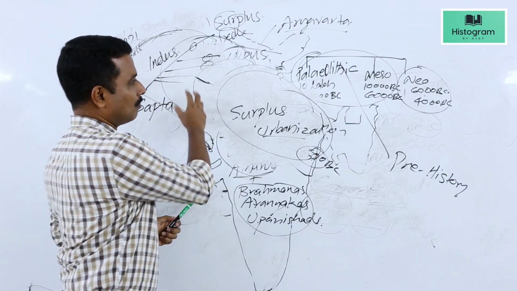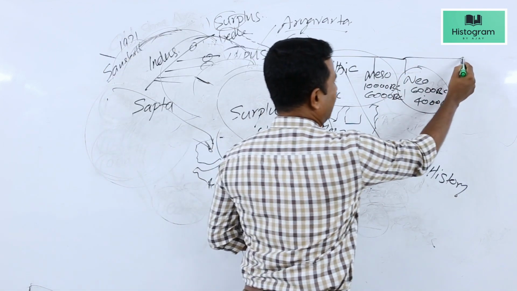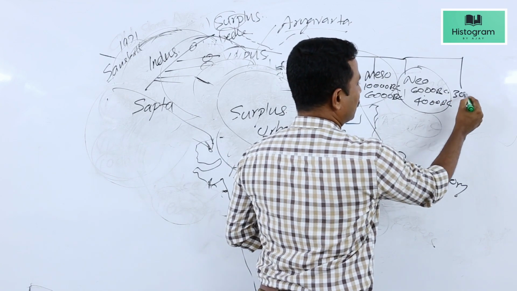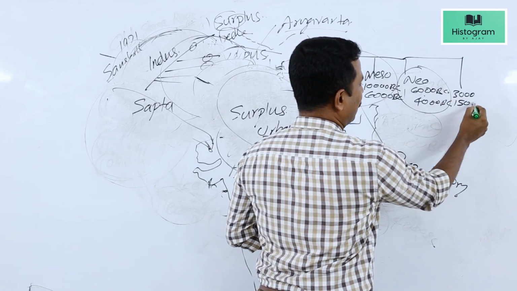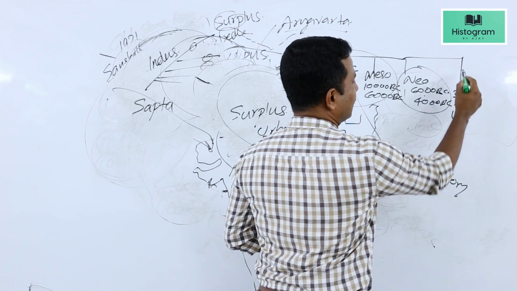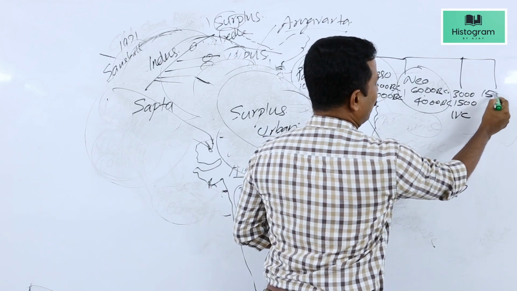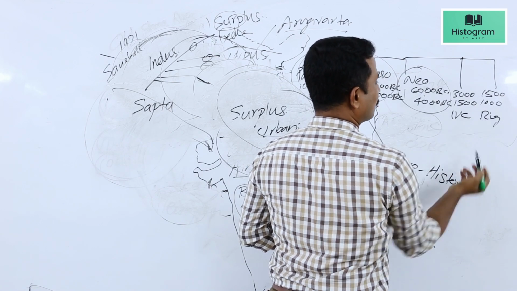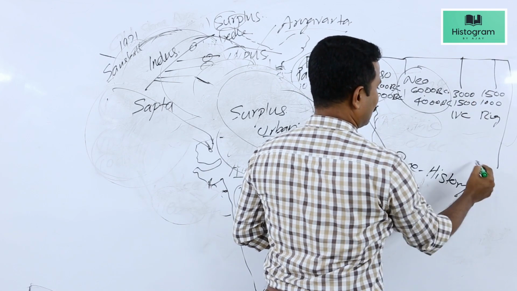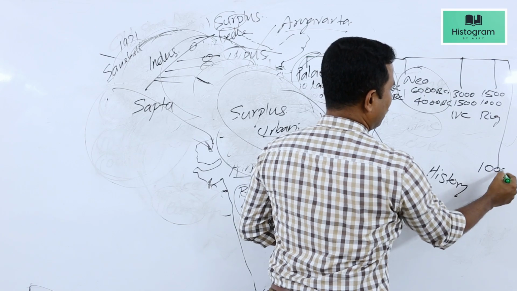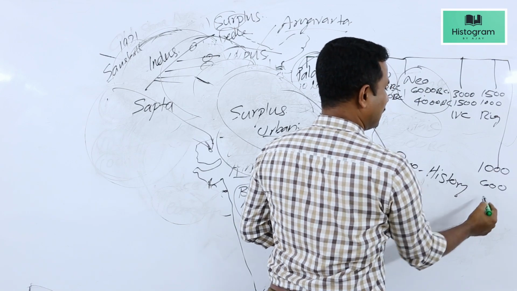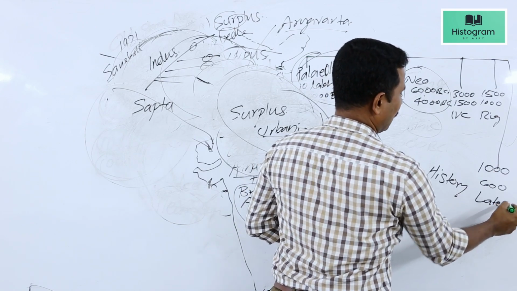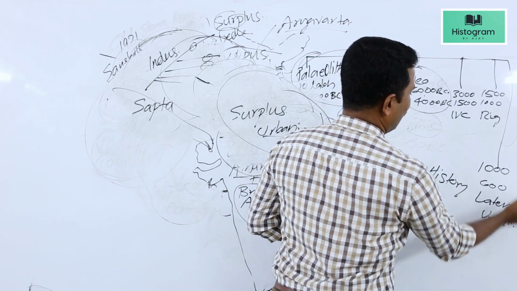When we put it in chronological order, 3000 BC to 1500 BC is the Indus Valley civilization, 1500 to 1000 is the Rigvedic period, and from 1000 BC to 600 BC is the later Vedic period.